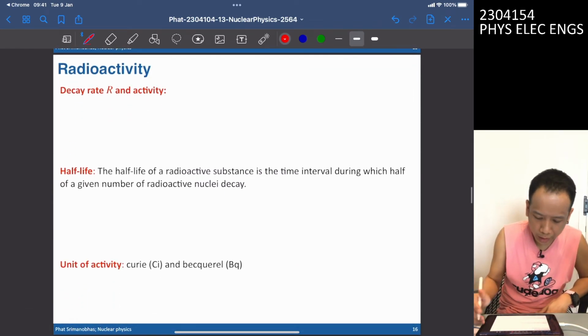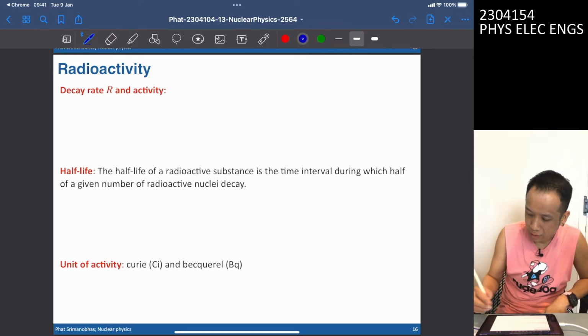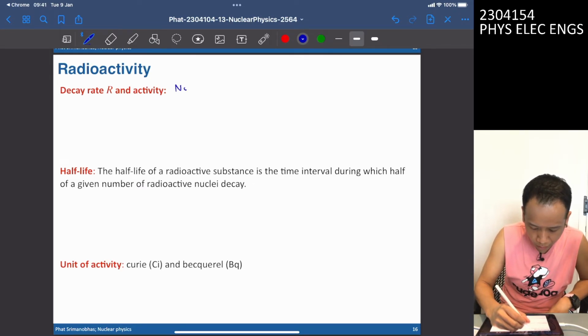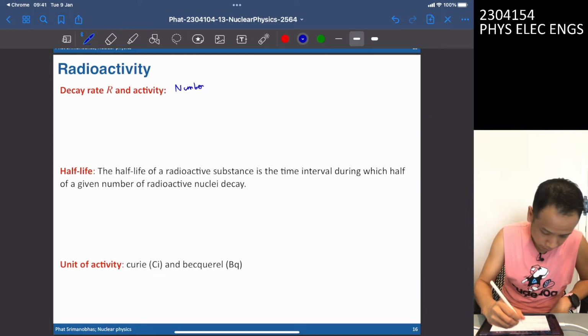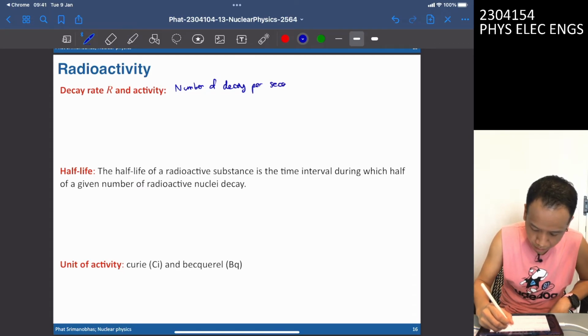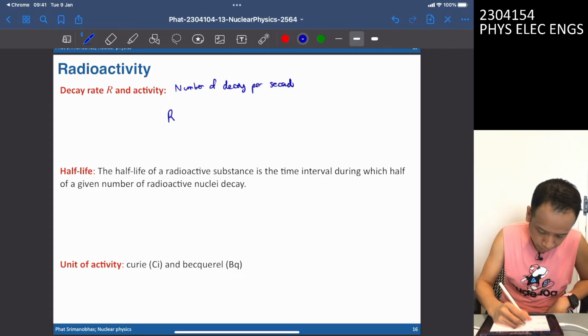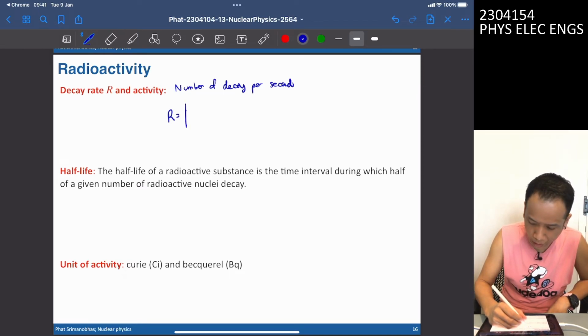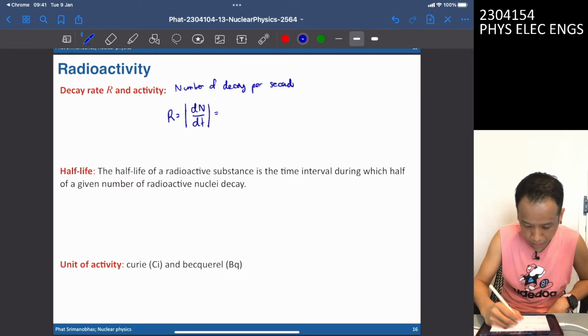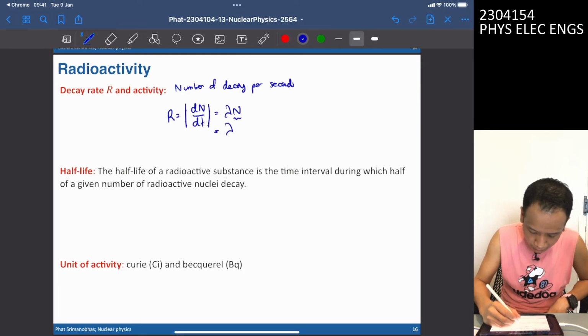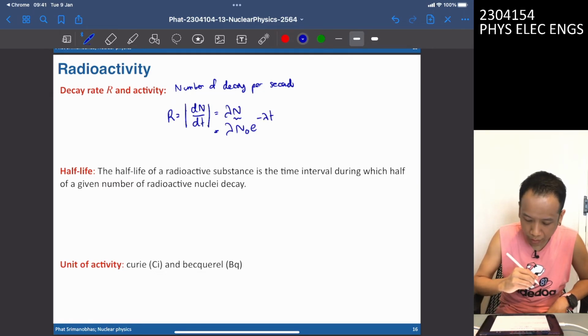And then for the decay rate, it's the number of decays per second, defined as R, which is the absolute value of dN by dt, and it's equal to lambda N. We already solved for N, so it's lambda N0 e to the power of minus lambda t.